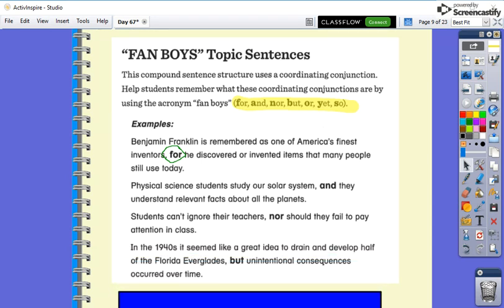And a final example: in the 1940s, it seemed like a great idea to drain and develop half of Florida's Everglades, but unintentional consequences occurred over time. Stop if you need to review any of these and study to see which fanboys word was used in each of those.